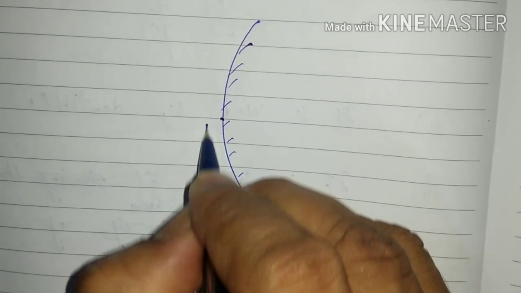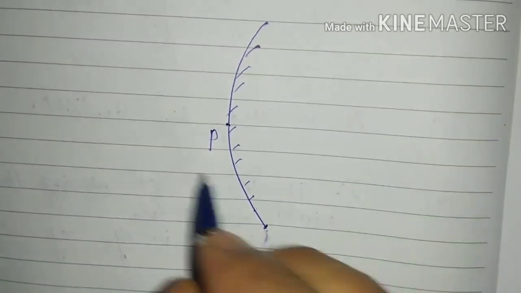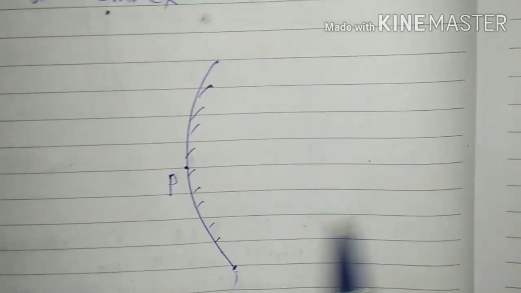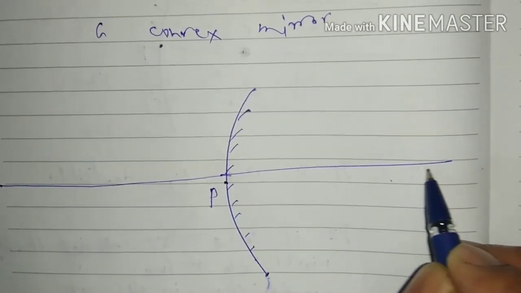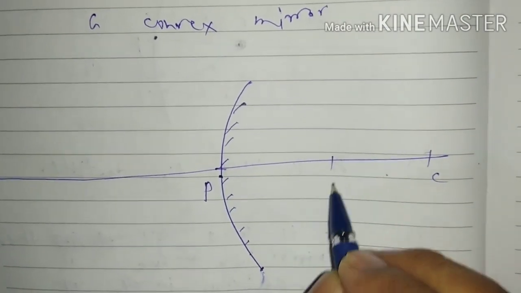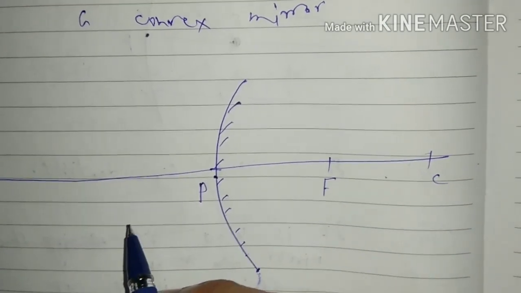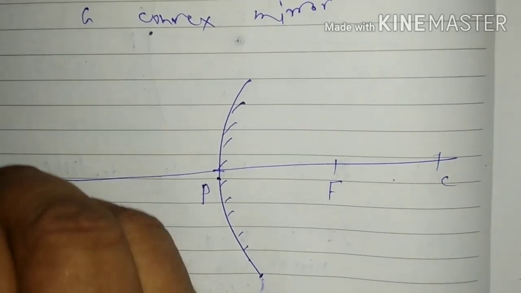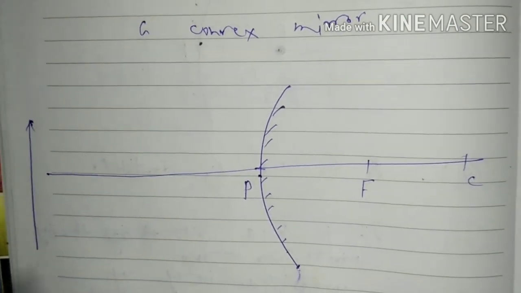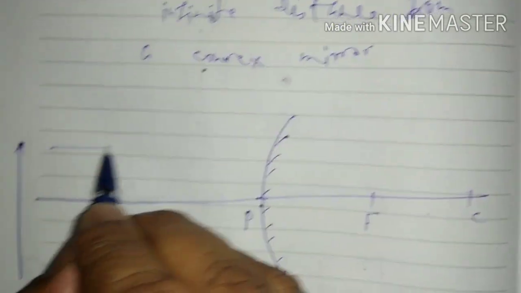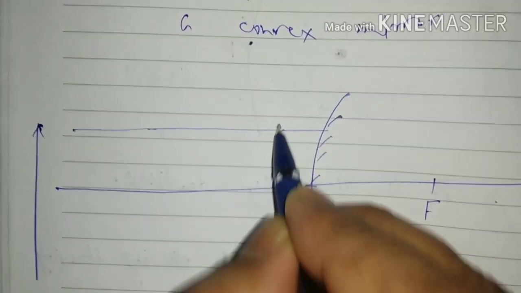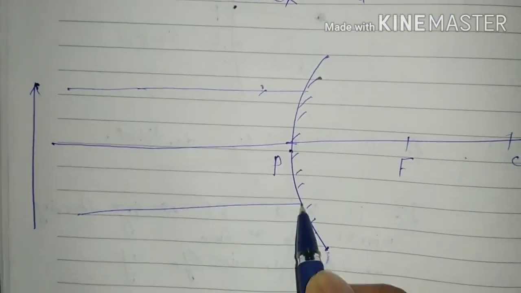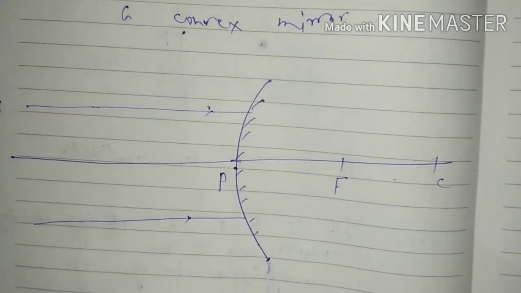This is pole. This is center of curvature. This is focus. So, if any object is at infinite distance, the rays of light parallel to the principal axis after reflection diverge.